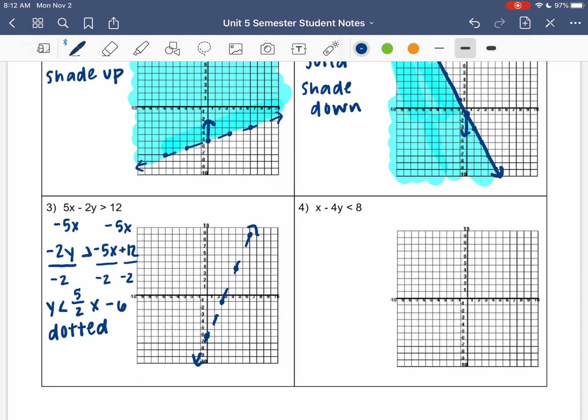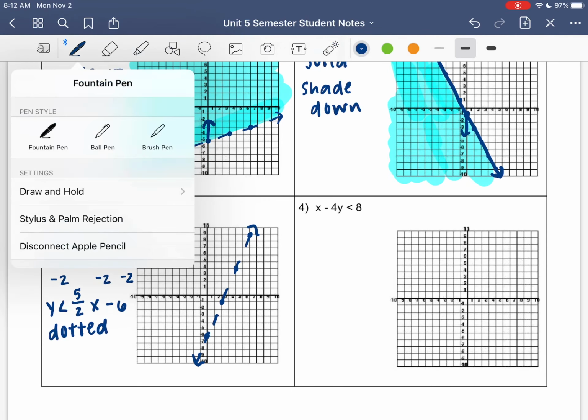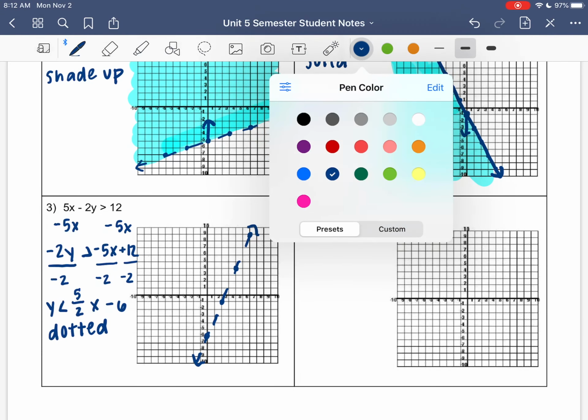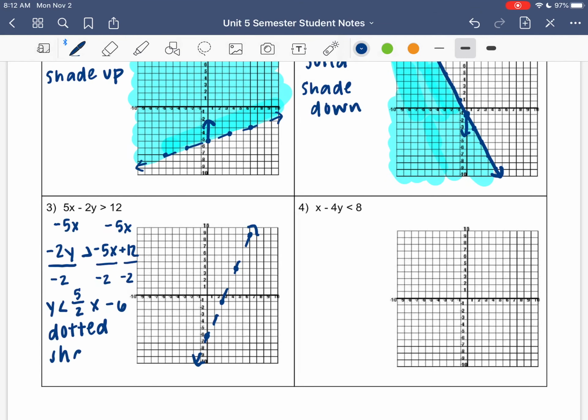When I make my decision about shading up or down, remember I have to work from the slope-intercept version. That's what I'm looking at right here when I got y by itself. So that less than symbol would tell me to shade down. From this line, I'm going to go to the y-intercept and see which side is down from there, and that's the side we're going to shade.